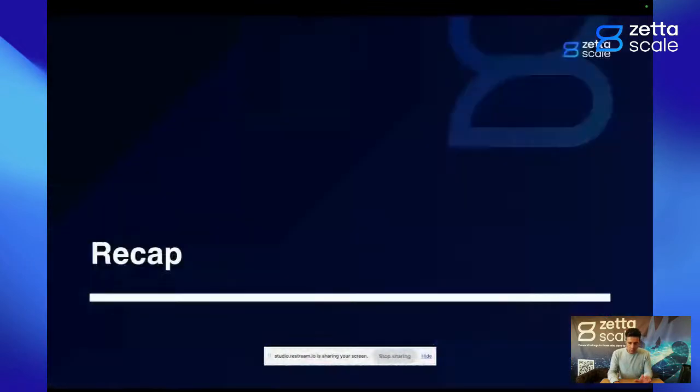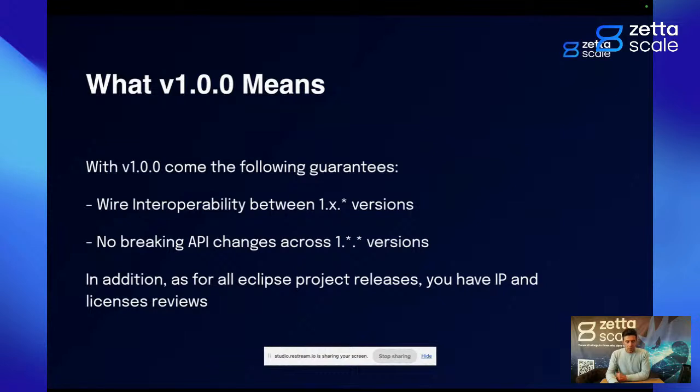And so, a real quick recap for those of you that missed the launching webinar, and then we'll dive into a few of the new or updated features of 1.1. First of all, it's important to recall that 1.0 comes with a series of guarantees.